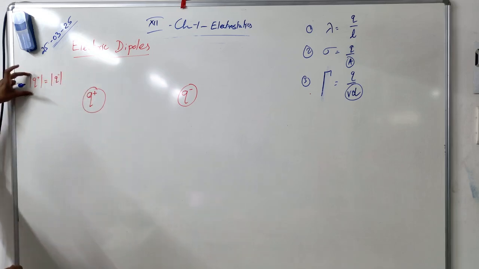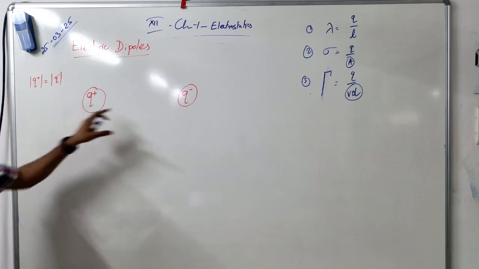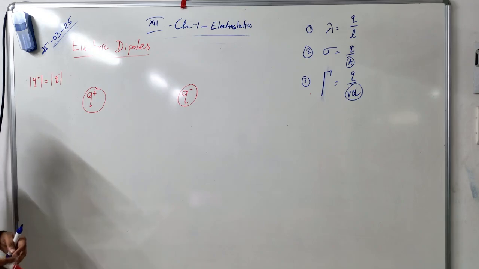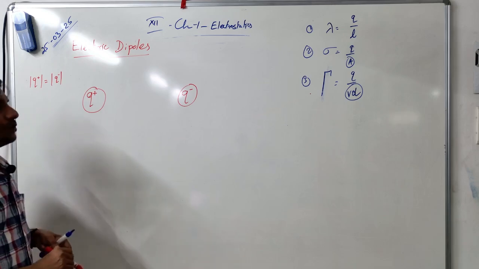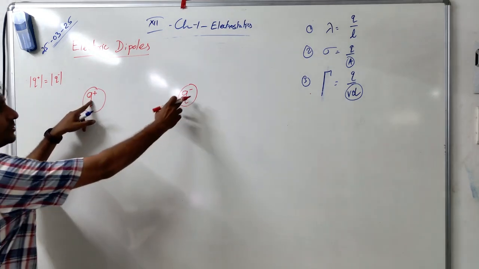Under this condition, when these two charges are separated by a very small distance, they form an electric dipole.